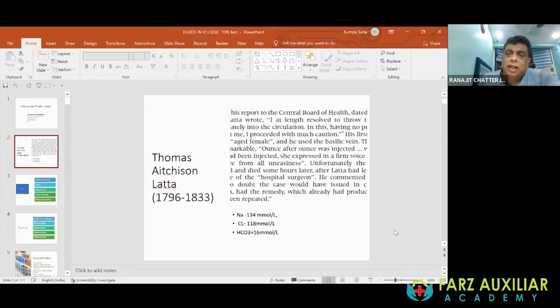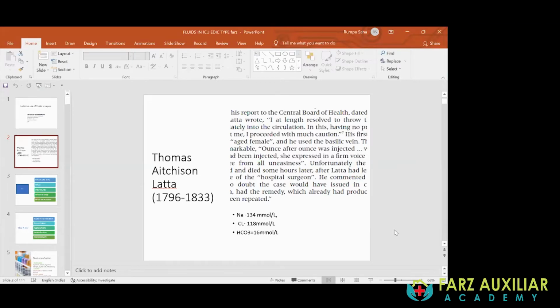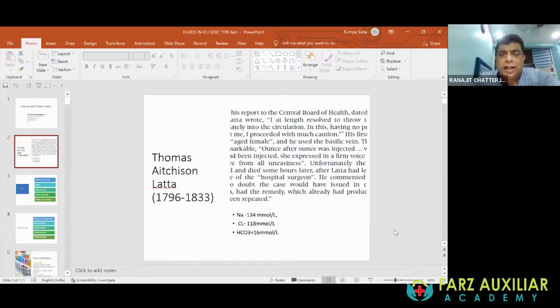He gave the first fluid through a vein to an elderly woman who was suffering from cholera. After he became very satisfied that the patient had become all right, he went home to have a nice sleep, leaving the patient with the house surgeon who was looking after her. The house surgeon didn't have an iota of knowledge of what was going on, and ultimately removed the fluid from the vein, and the patient died by the morning.